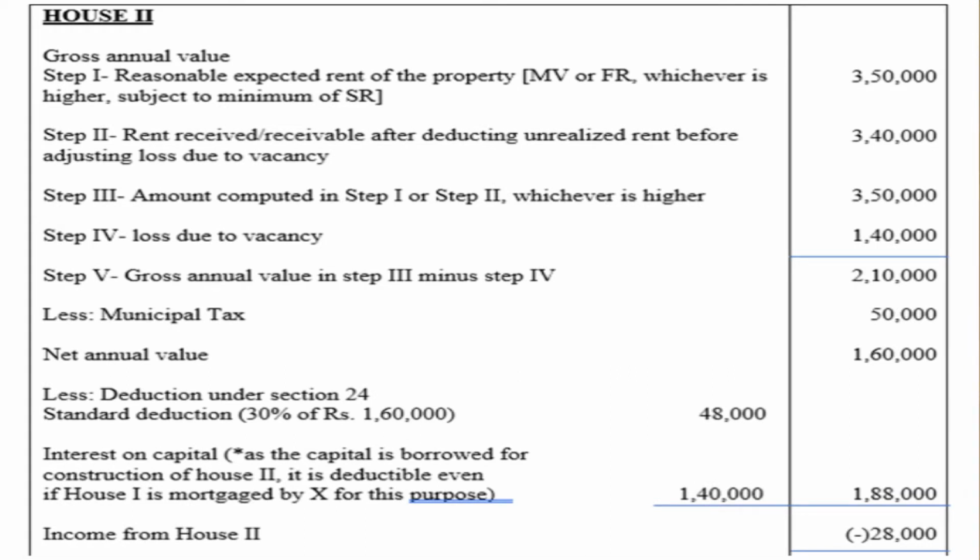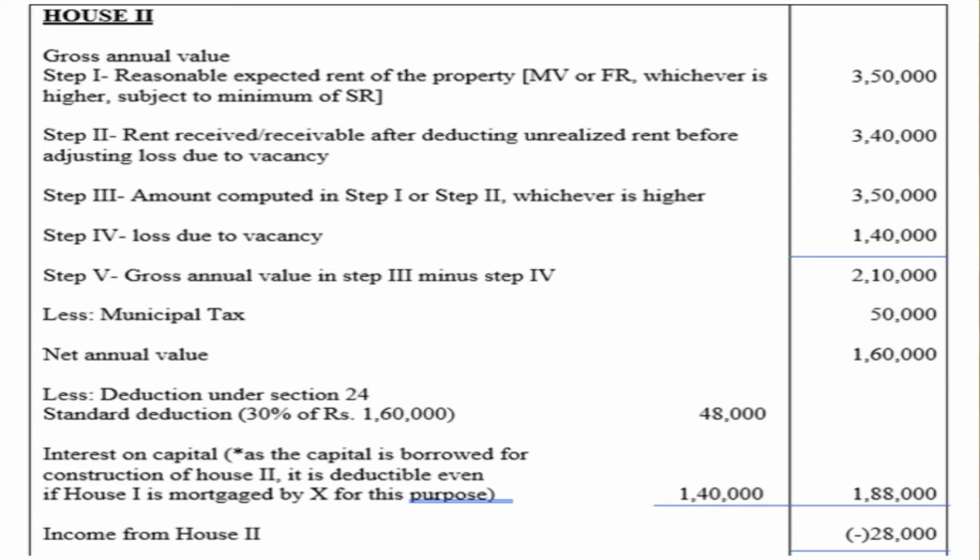Now let us see the calculation for house 2. We have to calculate the gross annual value. So for calculation of gross annual value, we'll go step 1, step 2, step 3, step 4, step 5 like this. Step 1, we have to find out the reasonable expected rent of the property, which is fair rent or municipal value, whichever is higher. In this case, fair rent is 3,20,000. Municipal valuation is 3,50,000.